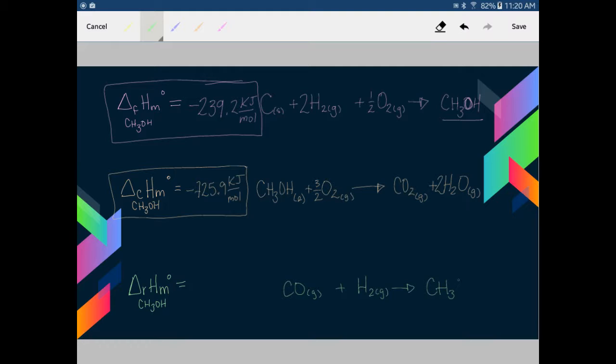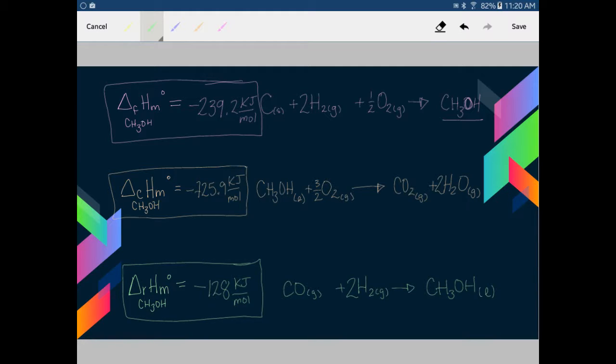Again, we have 1 mole of methanol produced, and we have to use 2 moles of hydrogen gas and 1 mole of carbon monoxide to produce this methanol. This value is determined empirically in a lab setting, and we would see that this produces 128 kilojoules per mole of energy.